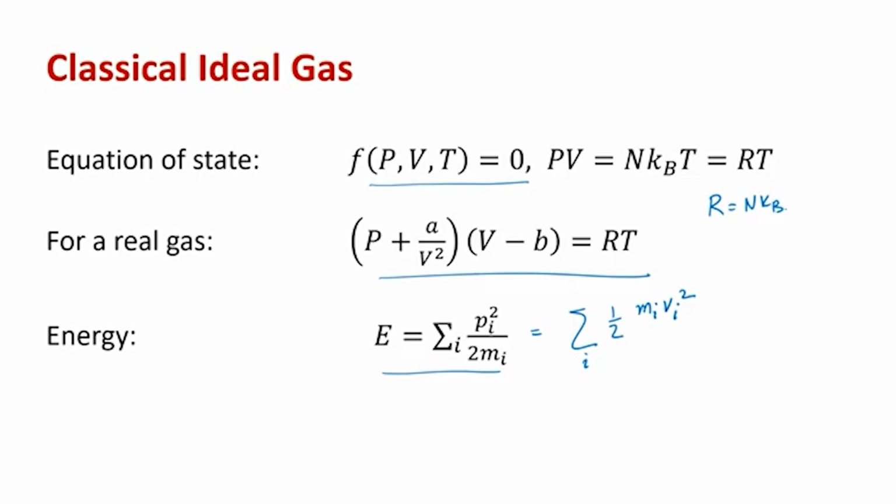Just like in a statistical sense, all people do not have the same nature, or all students do not have the same performance. In a similar sense, there is a distribution of velocities for these particles.